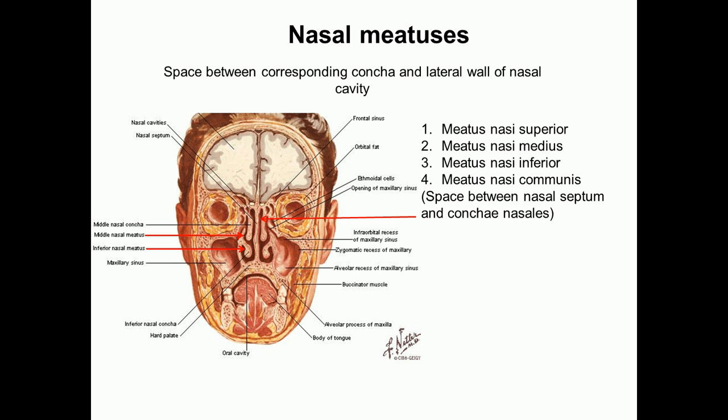nasopharyngeal cavity. They also help warm the air in winter. Like in winter here, I think in India it isn't important to warm the air during breathing in, but if, for example, here you should breathe in outdoors through the mouth, it will not be good for the trachea and bronchi.